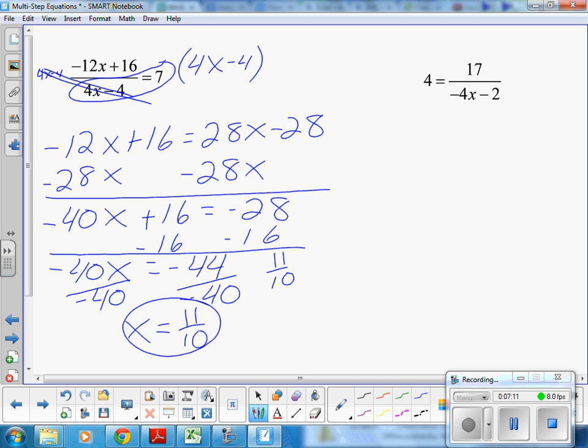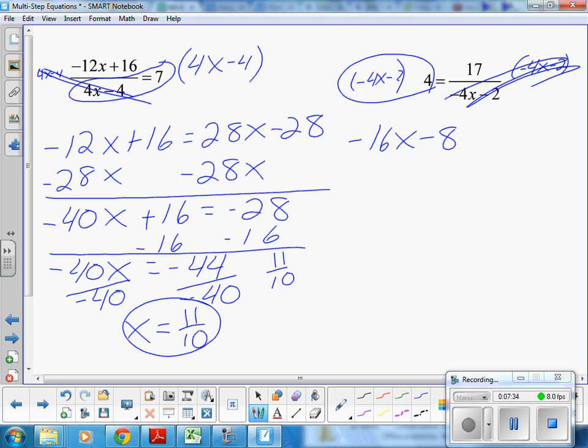Here, even though it looks different, the problem is the same. I am going to multiply both sides by negative 4x minus 2. Negative 4x minus 2. Now, I'm showing this step, but you don't have to show that step. You can do all that in your head. That goes away. Over here, when I multiply that out, I get a negative 16x minus 8 equals 17.